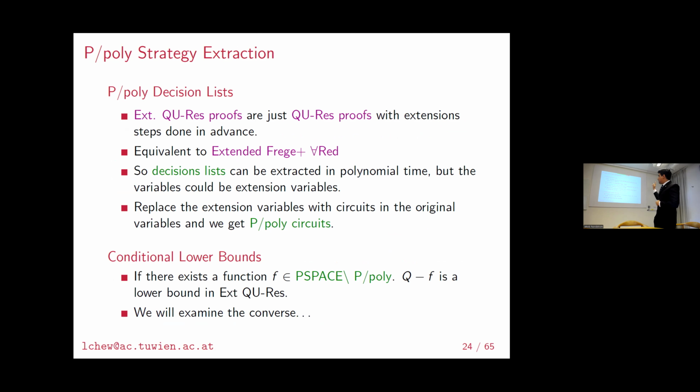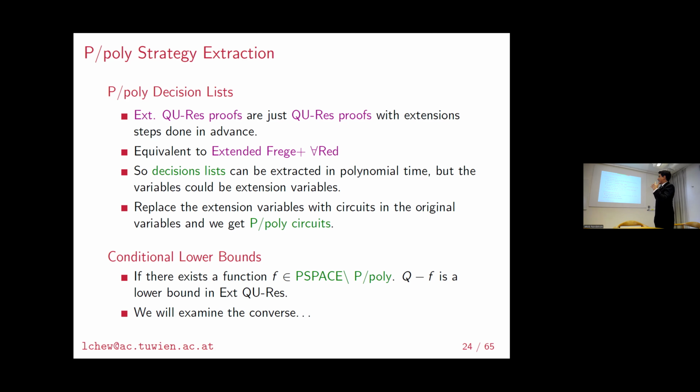The only difference is that your decision lists will now depend on extension variables rather than the original variables. So you replace your extension variables with the circuits that they represent. Because when you do an extension, you're creating a circuit that computes a function on the original variables. So you get a p-poly decision list, which is really equivalent to a p-poly circuit.